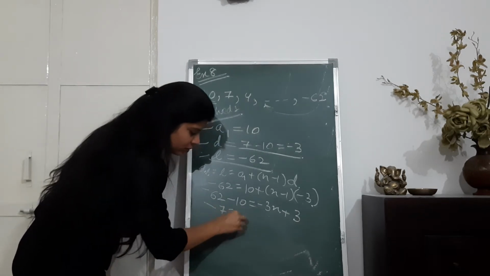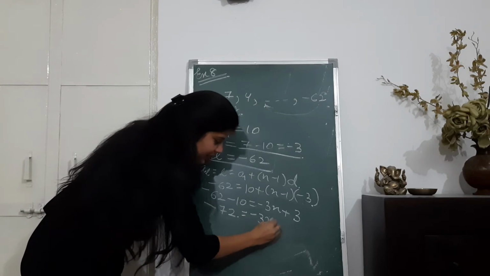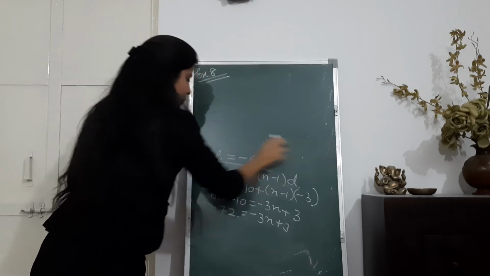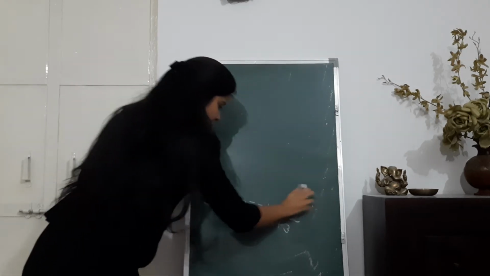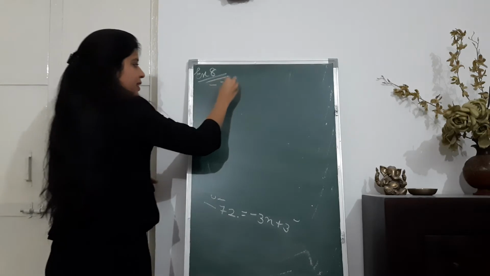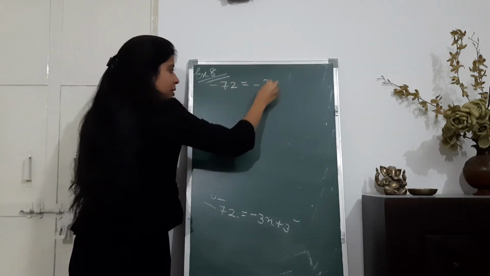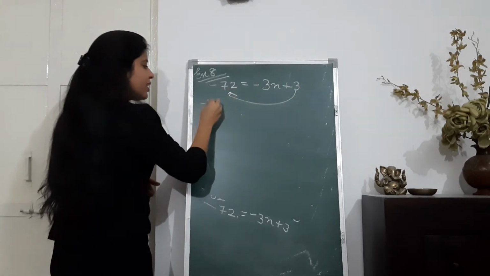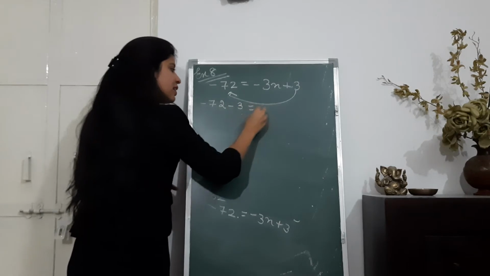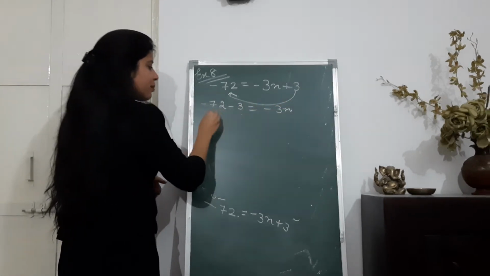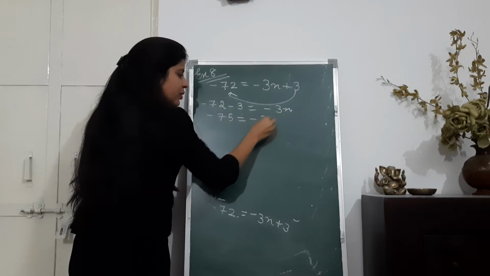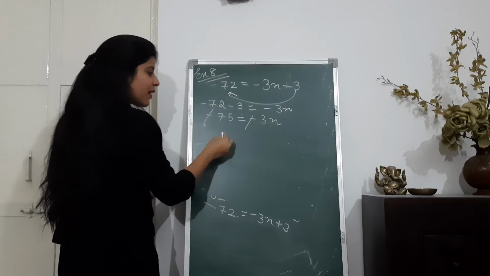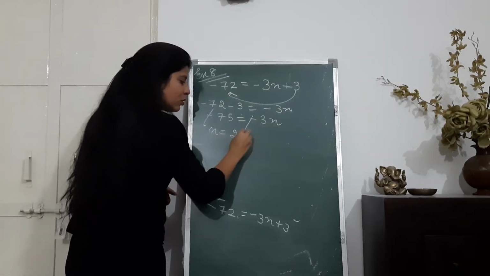Minus 72 is equal to minus 3n plus 3. Moving this here, the sign becomes negative. Minus 72 minus 3 is equal to minus 3n, which is minus 75 equal to minus 3n. Minus minus cancel. 25 3s are 75, so n is clearly equal to 25.